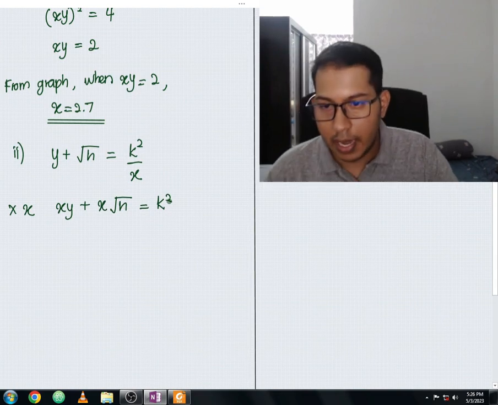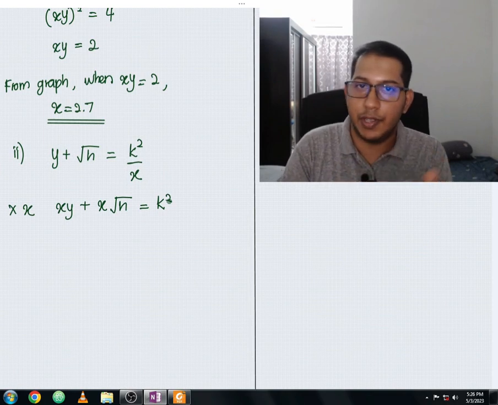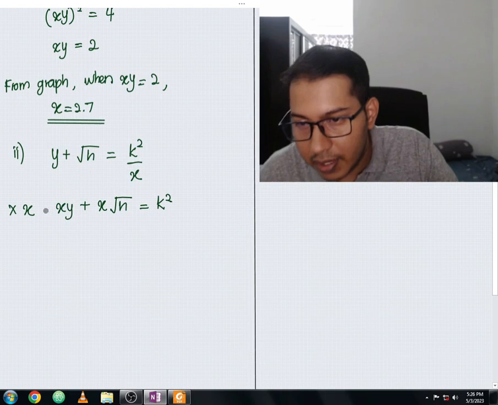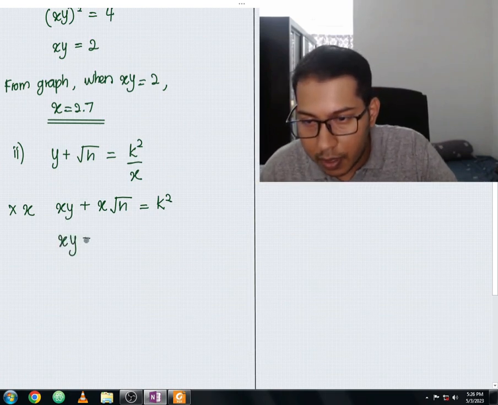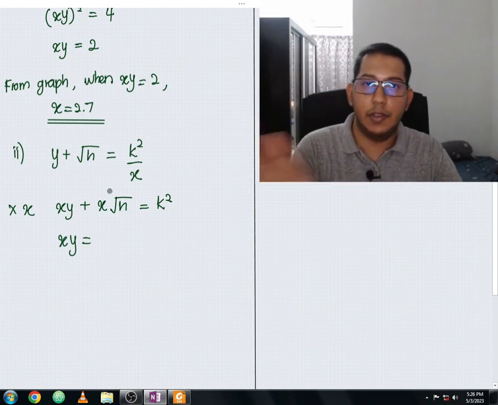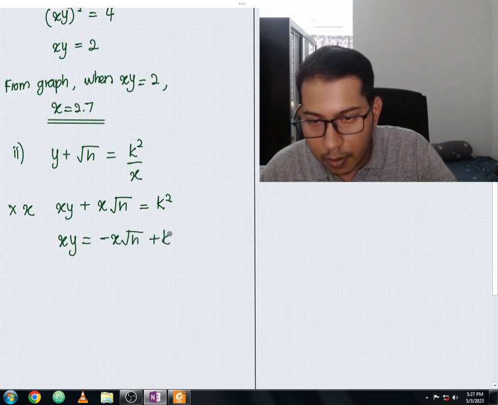Now I'm going to arrange it such that it fulfills the straight line equation y equals mx plus c. This xy we treat as y, so xy will be equal to, moving the x square root h from the left hand side over to the right hand side, negative x square root h plus k square.